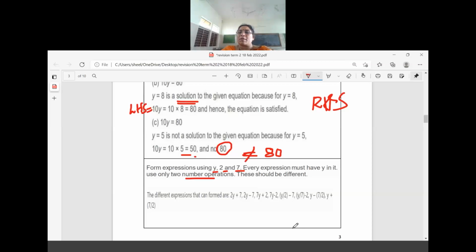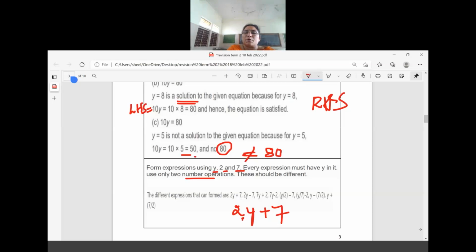So the first one we have written as an example is 2y plus 7. Anything you can write, there is nothing to worry about too much. Which are the two operations? In 2y we have multiplication, and plus is addition, so we have multiplication as well as addition.